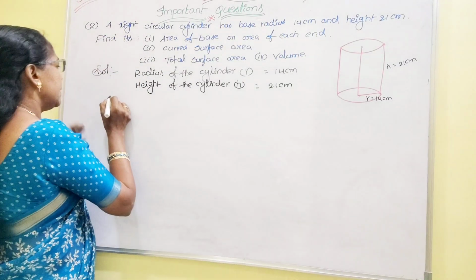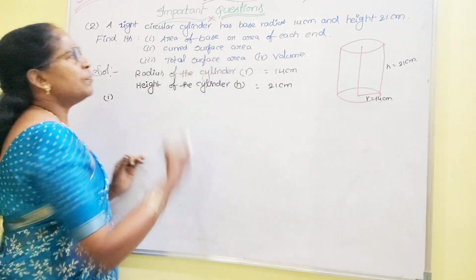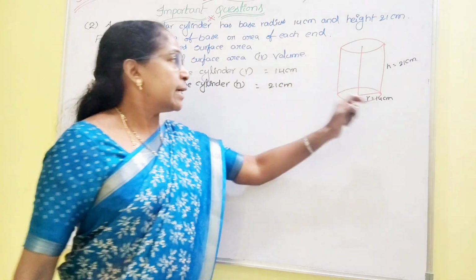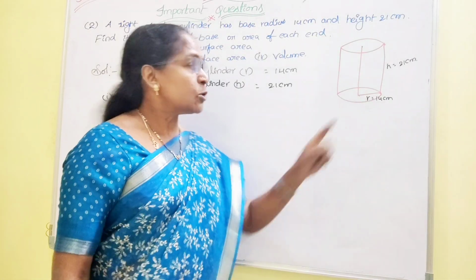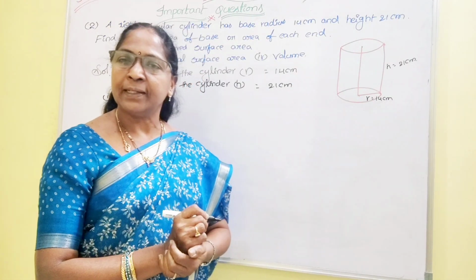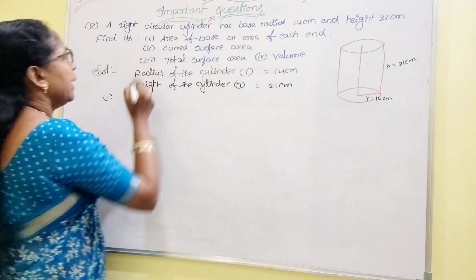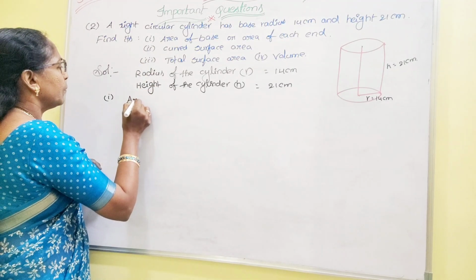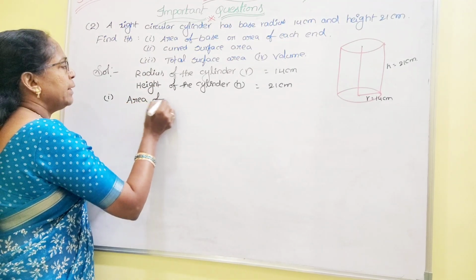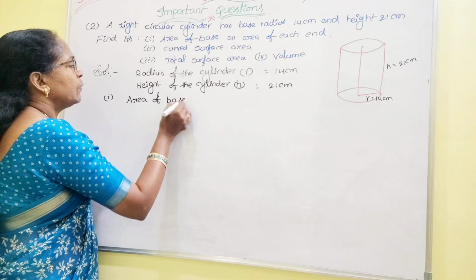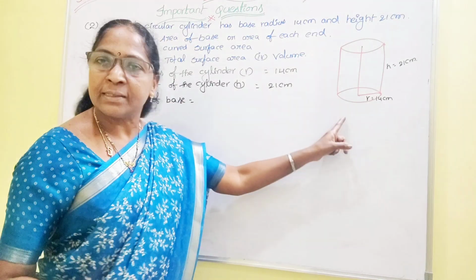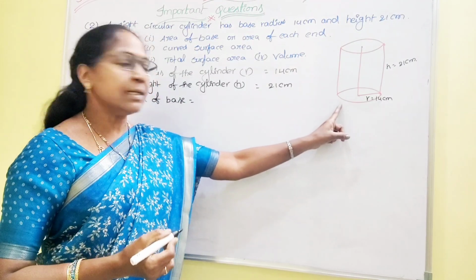Now the first one is the area of base or area of each end. These two are the ends. So the ends are in which shape? That is circular shape. So area of the base is nothing but the area of the circle. What is the formula for the area of the circle?